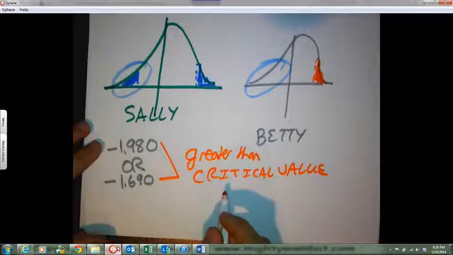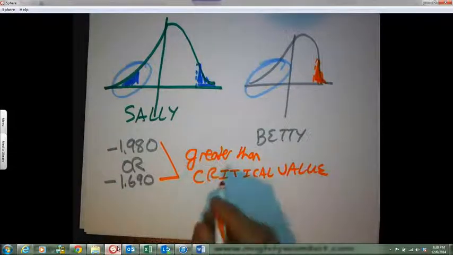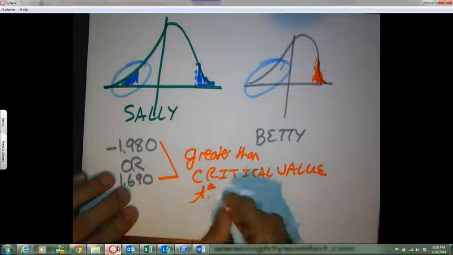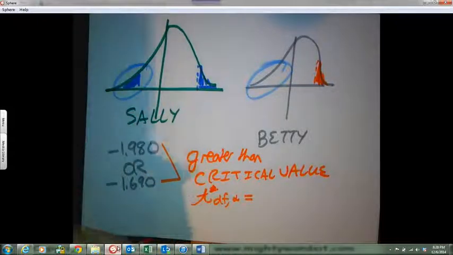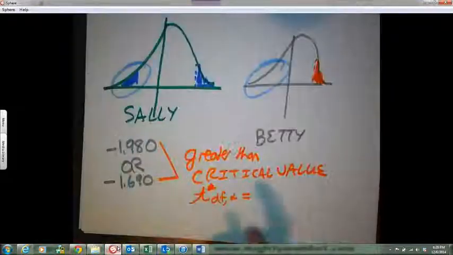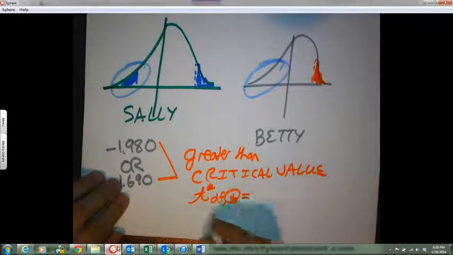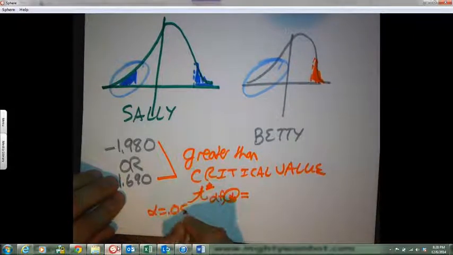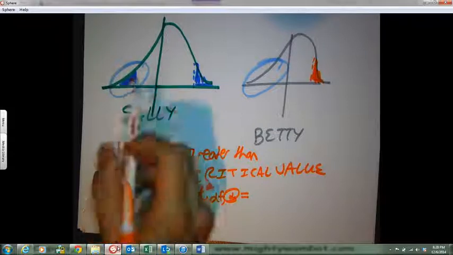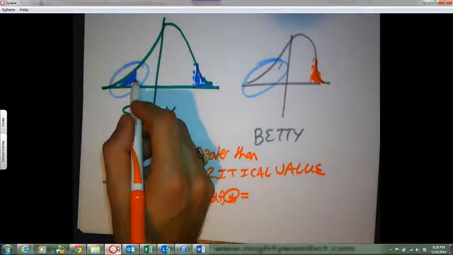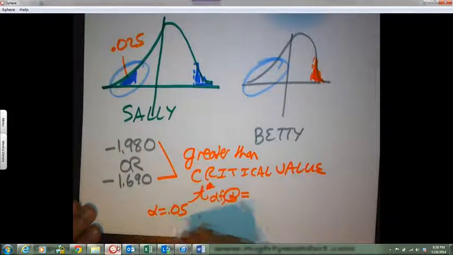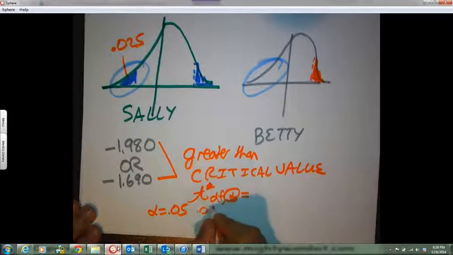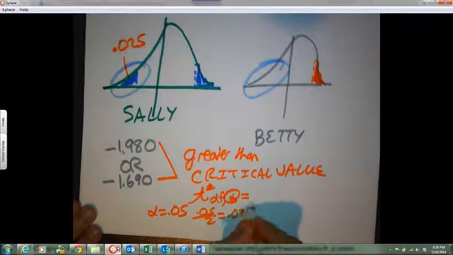Well, the critical value is T star, which is degrees of freedom, comma, alpha. Alpha is, in this case, 0.05. Because this is a two-tailed test, this T critical value, this side is 0.025 of the data. So this right here is really 0.05 divided by 2, which is 0.025, because we have a two-tailed test.